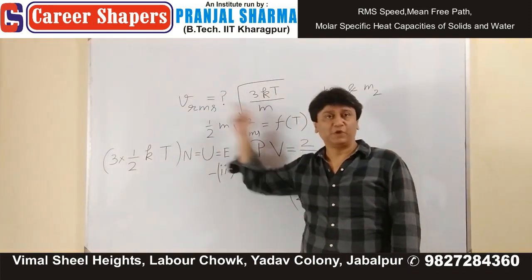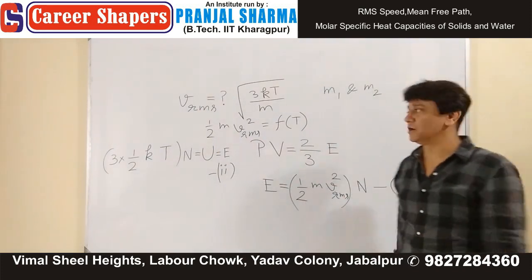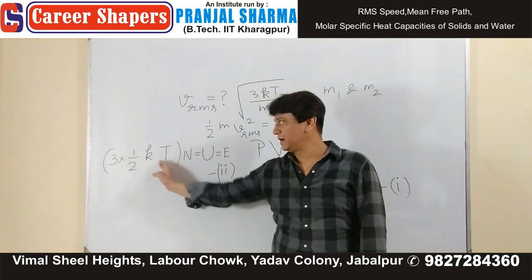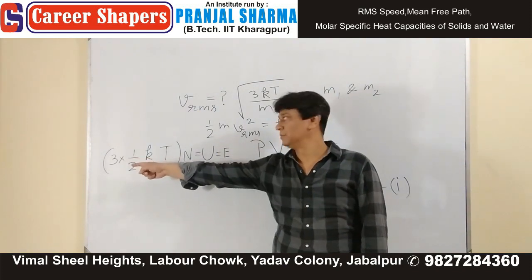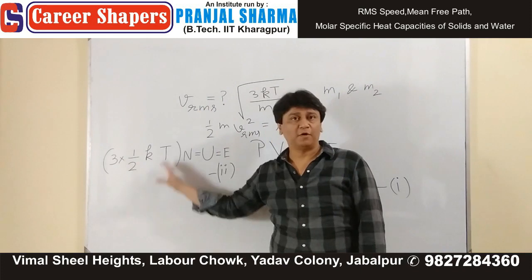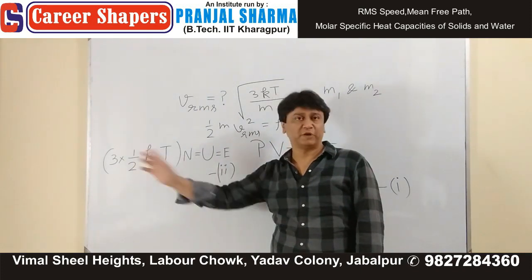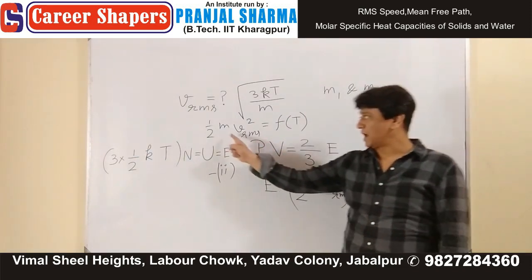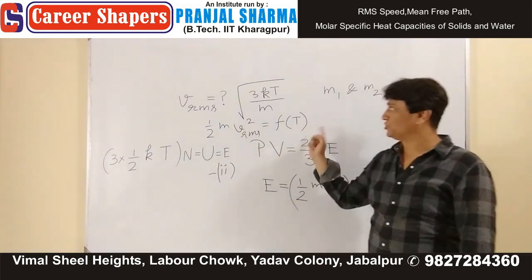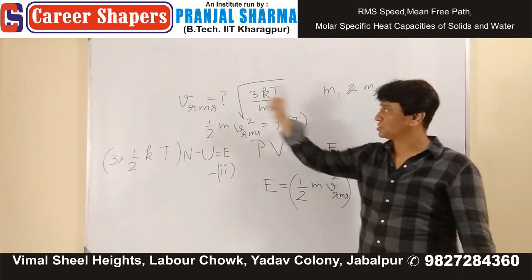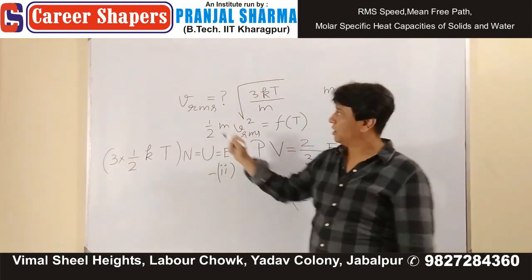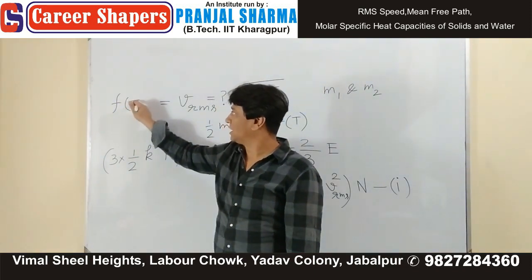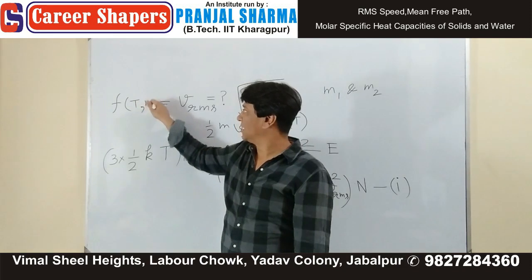Speed is inversely proportional to m. What is kinetic energy? Kinetic energy is only half kT. Energy is half kT multiplied by degrees of freedom. There is no term of mass present. This is Boltzmann's constant, which is the same for every gas. So once you say that kinetic energy is a function of temperature only, speed or RMS speed is a function of temperature as well as mass.